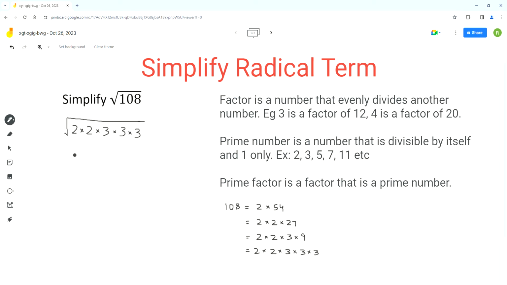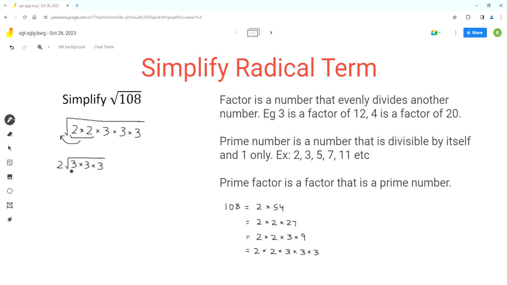So we have to keep in mind that because we are doing the square root of 108, two same numbers come out of the square root as a single number. So these two 2's come out as a single 2 and we write that single 2 in front of the square root. So now we are left with 3 times 3 times 3 under the square root.